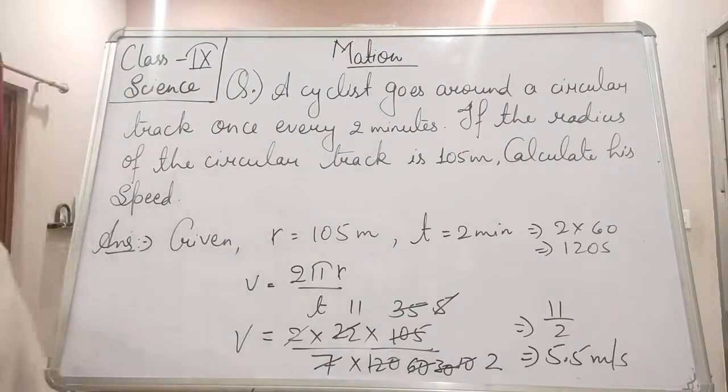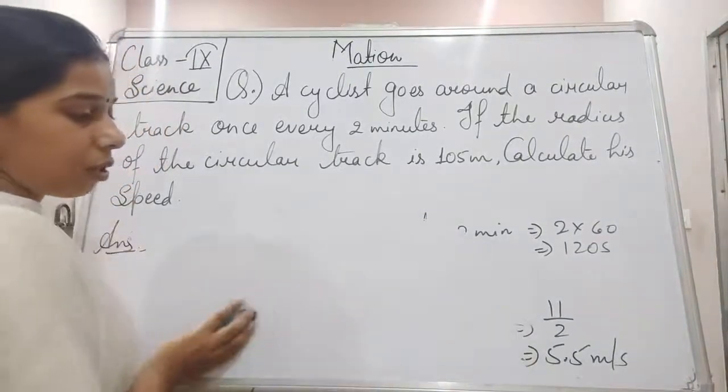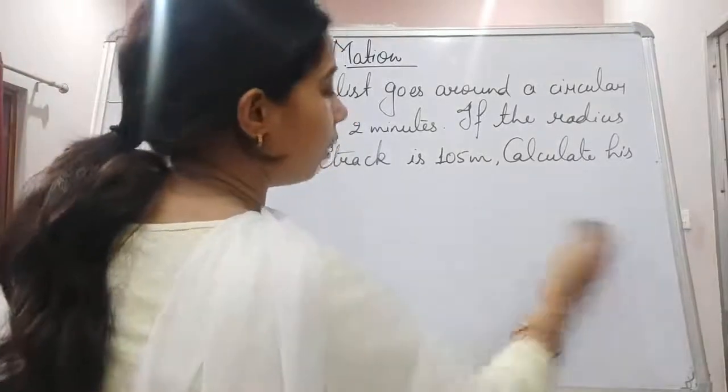Okay. So this is how we can get the value, or we can solve the question which is related to the uniform circular motion.